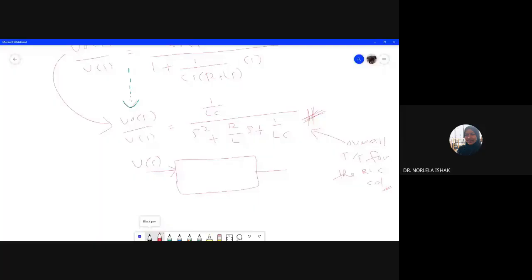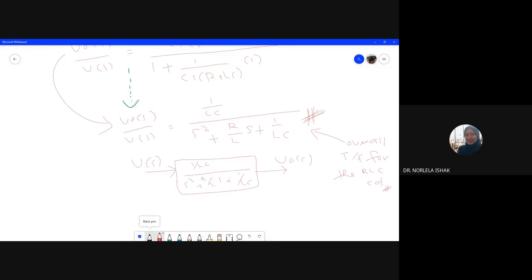But this one is the overall transfer function for the RLC circuit. So this is the V out, and this is the 1 over LC over S squared plus R over L S plus 1 over LC.